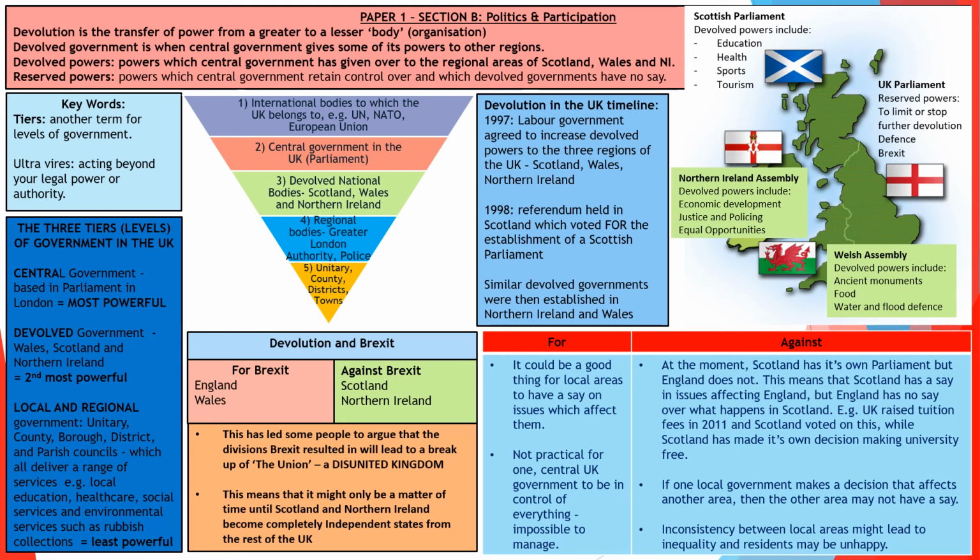This has led to some arguments about divisions in Britain, that this could lead to a disunited kingdom. And issues like devolution feed into this. So for example, Scotland and Northern Ireland may want to become independent states in the future in order to be separate from the rest of the UK, and potentially allow them opportunities to rejoin the EU.